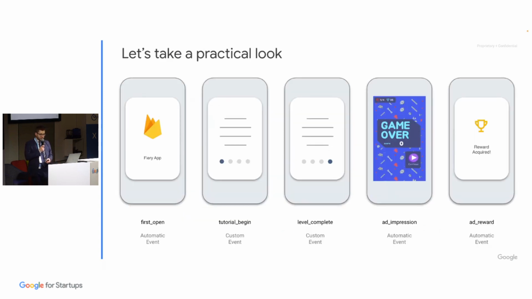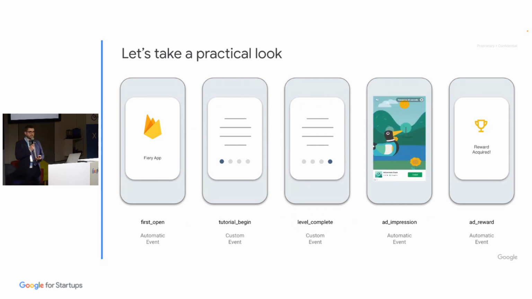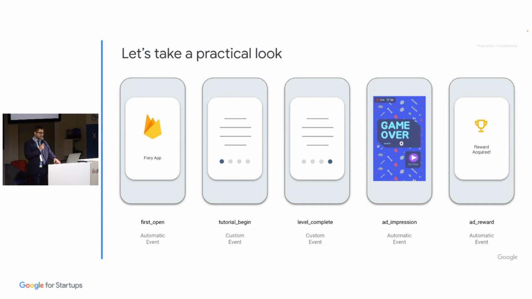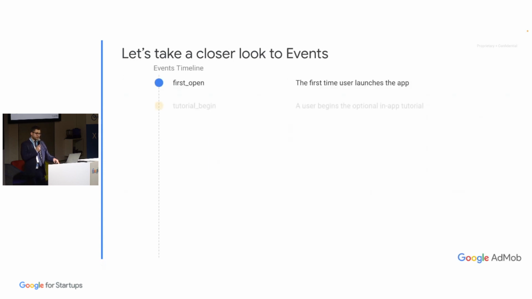So let's imagine we have an abstract app. Most apps and games start like this. You have first open, which is an automatic event. You have the tutorial, which is more of a custom one, obviously. We have level complete, ad impression, ad reward. These are very standard events. Let's have a closer look at the timeline of those events.